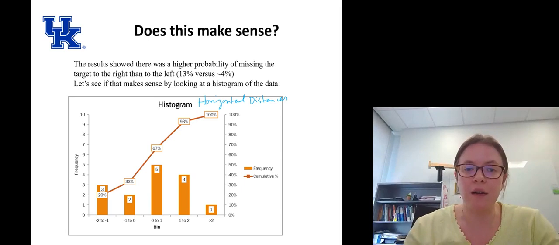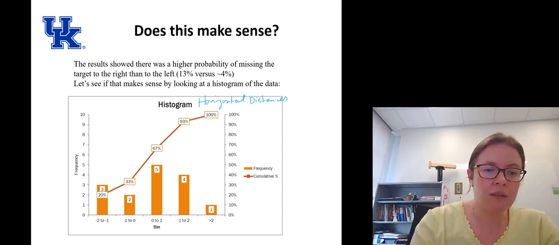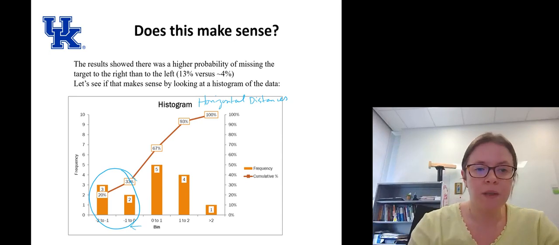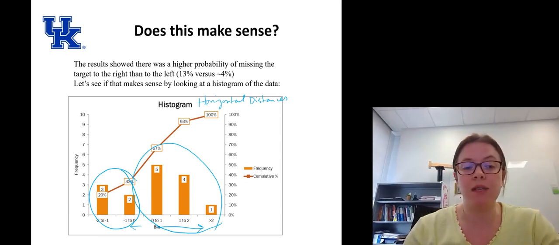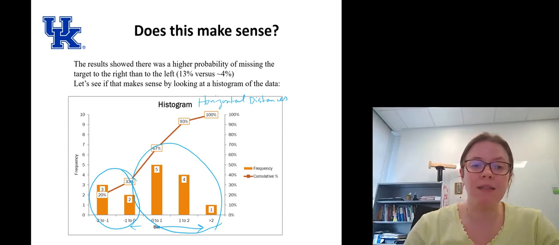Even if we don't go into a great analysis of this histogram, our results do make sense because we can see that there are 5 darts from 0 to -2 that fell into that area versus 10 darts that fell into the bins from 0 to greater than 2. Okay, so that makes sense.